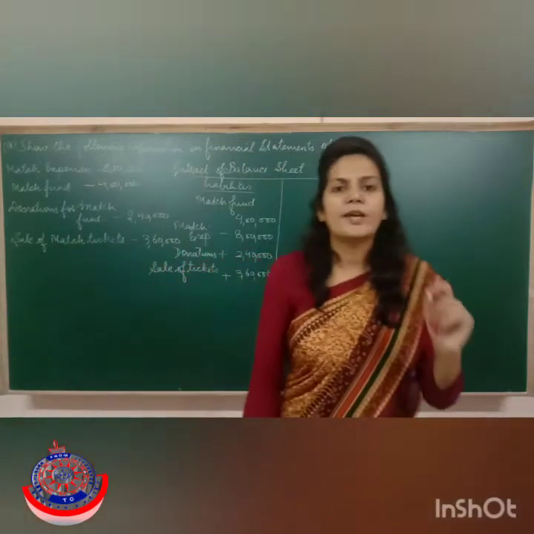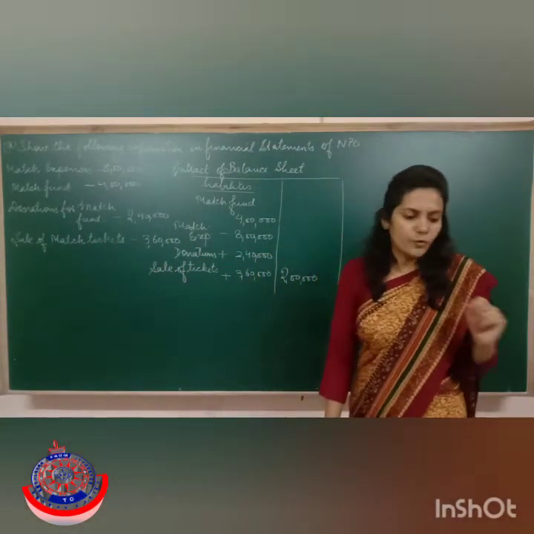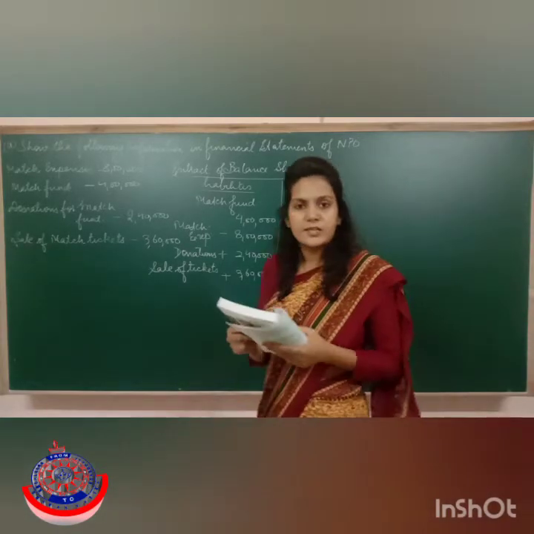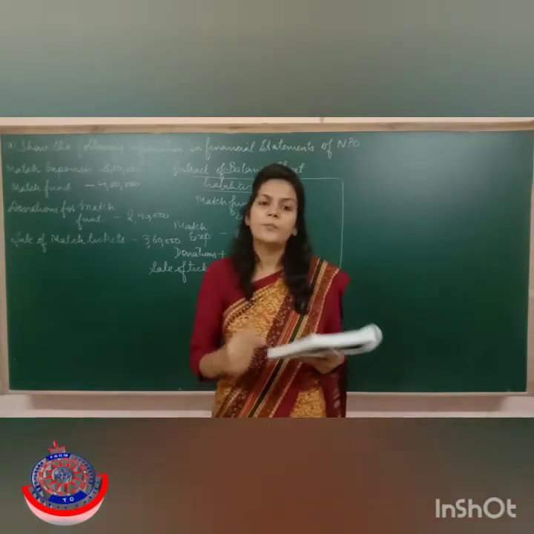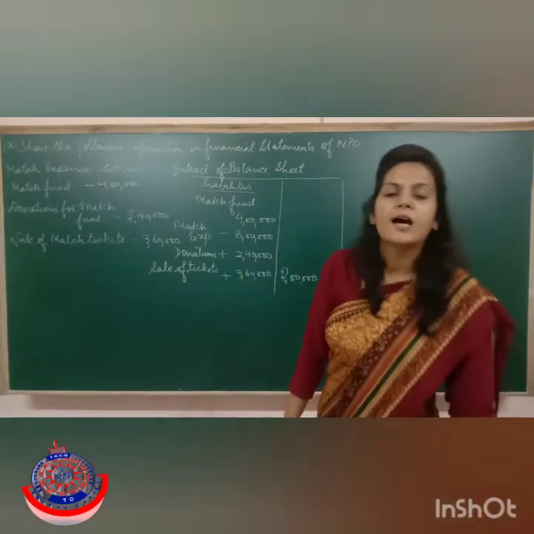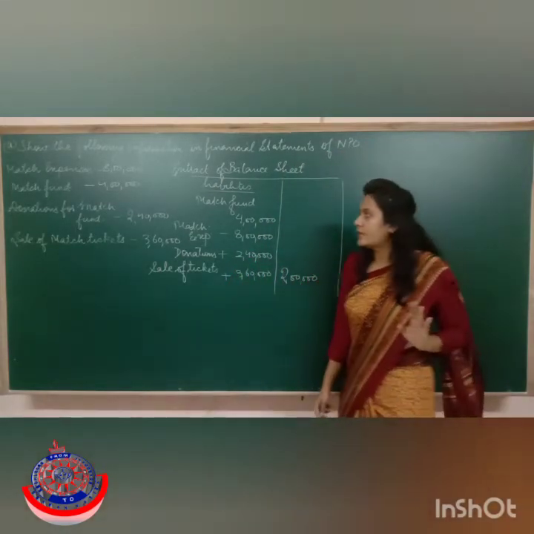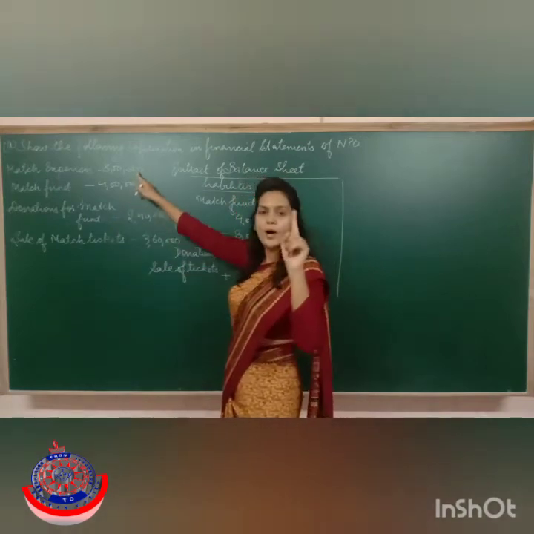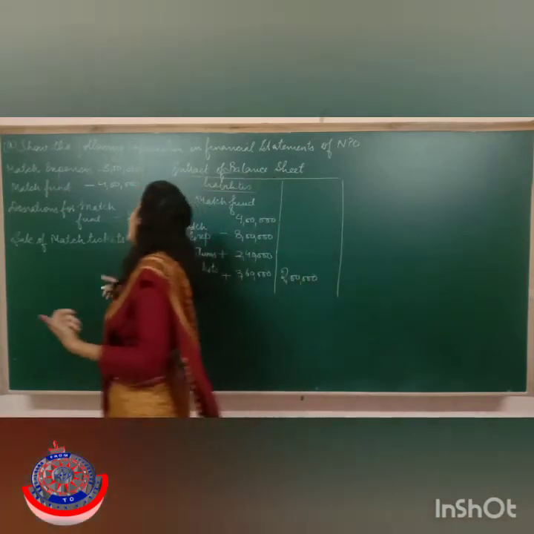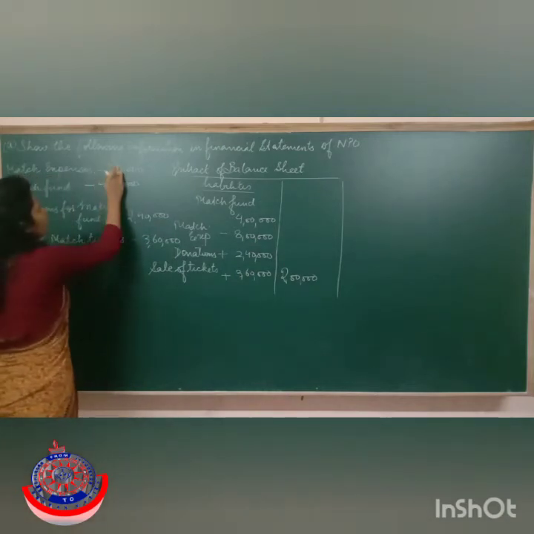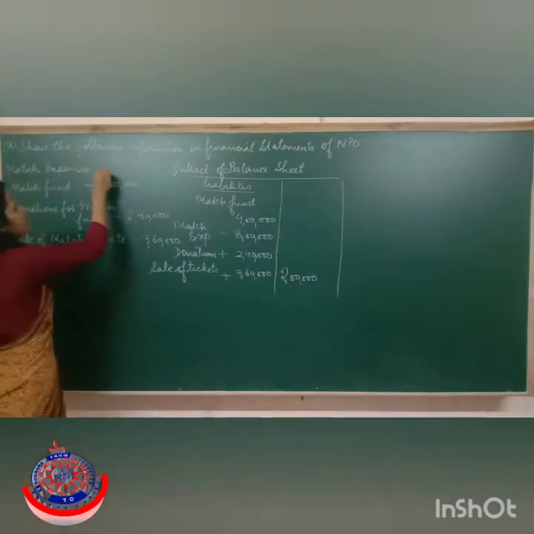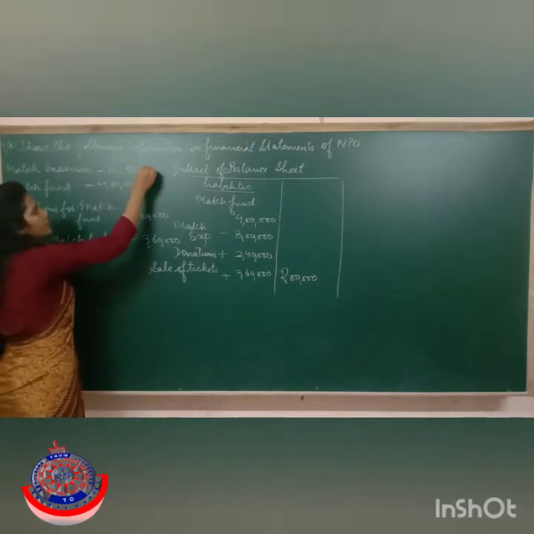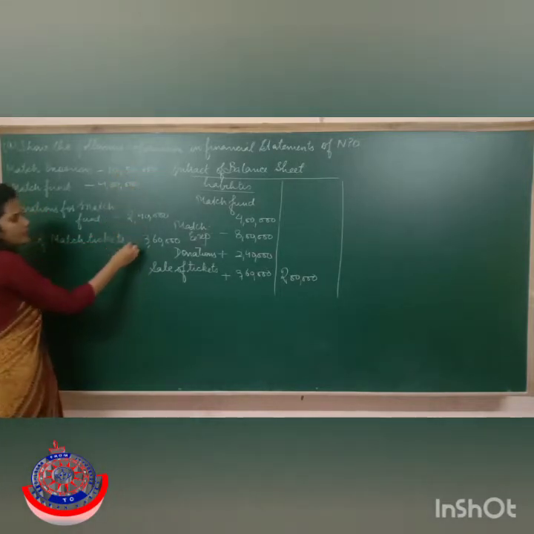Now I would like to make one change here. Suppose, as it is mentioned in your book also, what will be the effect if the match expenses go up by 2,50,000, other things remaining constant. It means the match expenses are now 10,50,000, and other things remain the same.